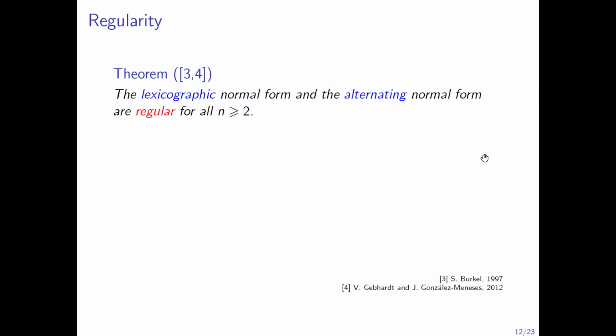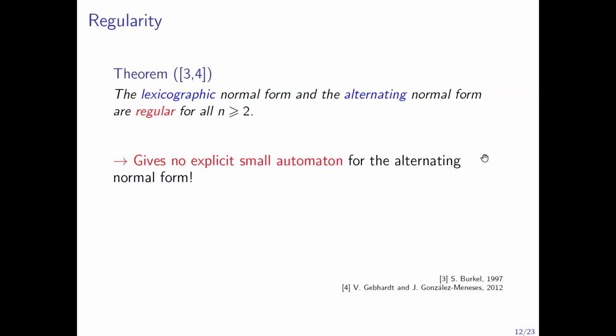Okay, so this is cool, but the construction of the automaton for the alternating normal form gives no explicit small automaton. What we have is a very big non-deterministic automaton, and determinizing it is also a big operation. So we would want to construct an explicit small automaton for the alternating normal form.